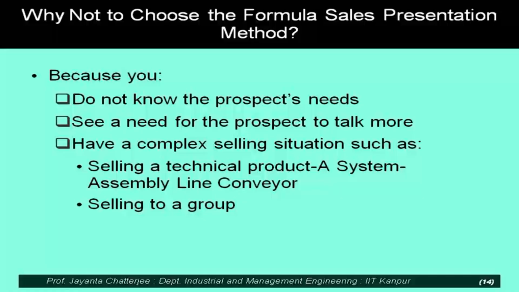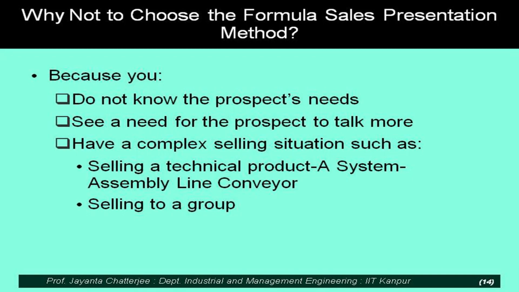So in consumer durables and pharmaceutical type of products, the formula sales approach, which is an improved version of the prepared sales approach, will be quite effective and quite widely used and gives good results.